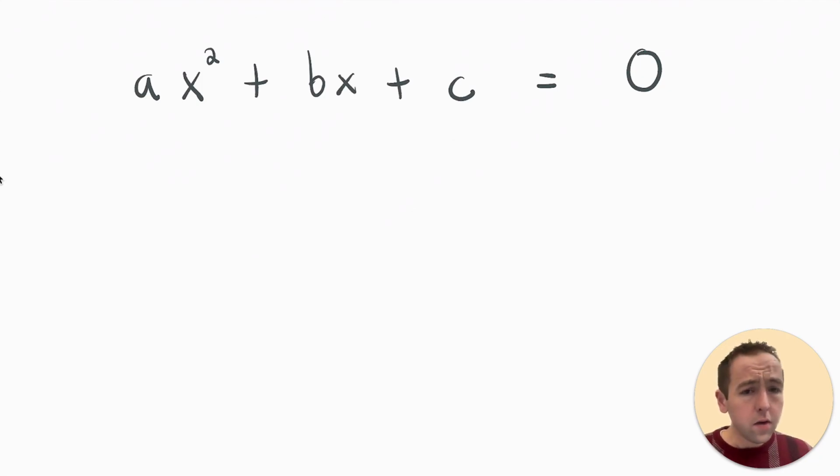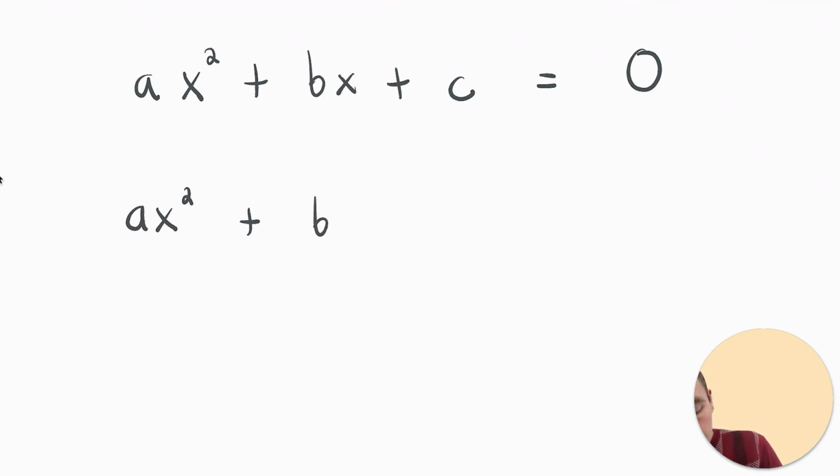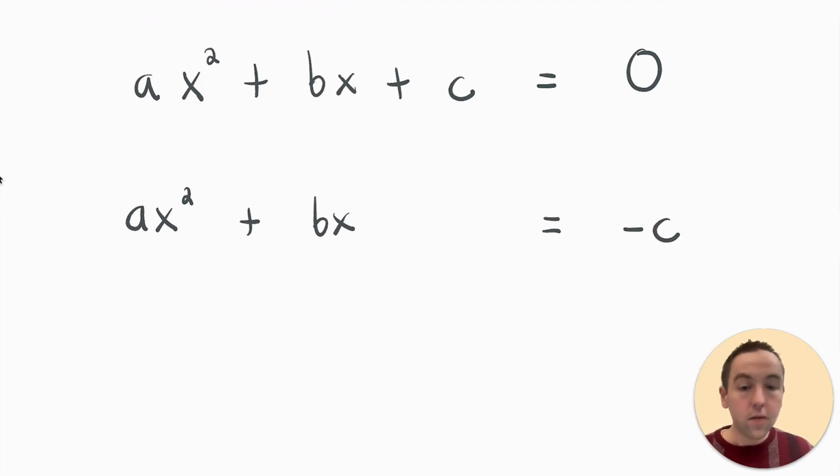Okay, so I'm going to try to solve this by completing the square. With completing the square, we could leave the x squared term and the x term as they are, and then I'm going to subtract this number c from both sides, which means I would get negative c on the other side.